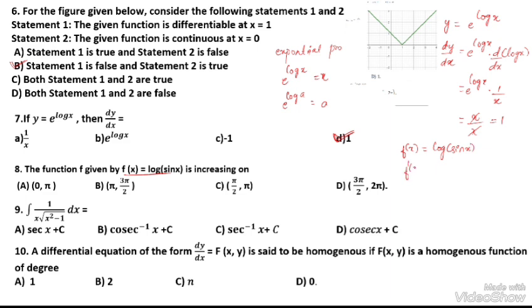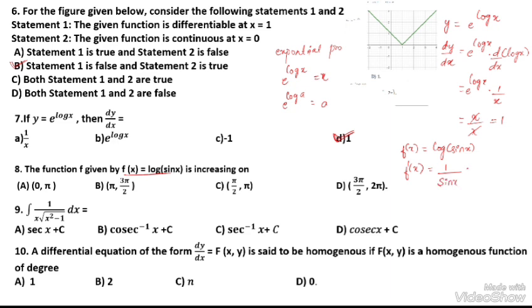Then f dash of x is, differentiation of log x is 1 by x, in place of x we have sin x, so 1 by sin x.